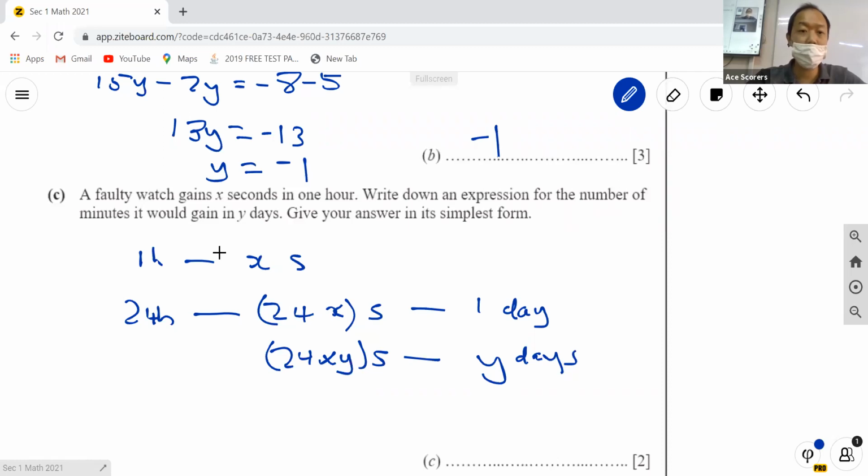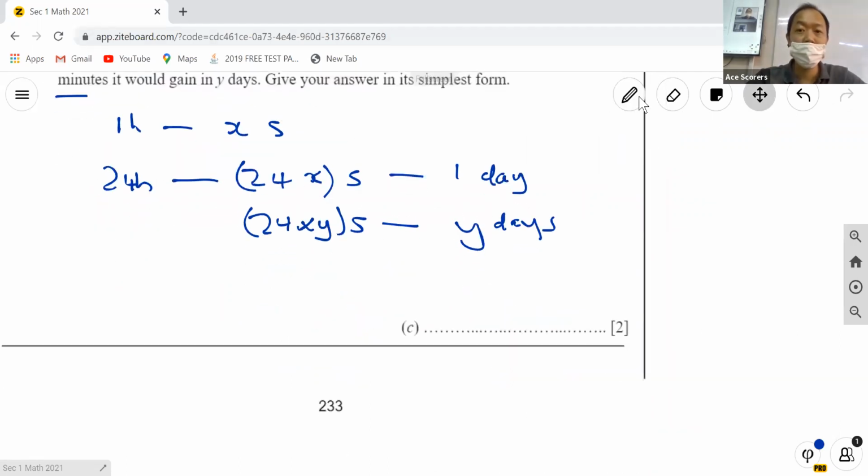Okay, but they don't want seconds. They want minutes, right? So how do you convert to minutes? From seconds to minutes, do you times or do you divide? Divide, yeah.